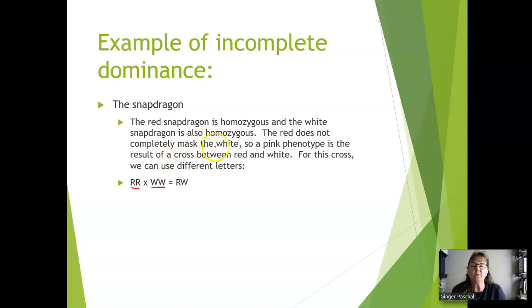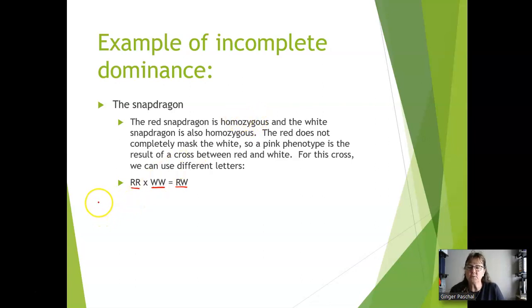So the red does not completely mask the white. So when we cross a red with a white, we get this genotype, capital R, capital W. And this individual is actually pink. So we use different letters for the different characteristics because they are both dominant, but neither one is dominant over the other.